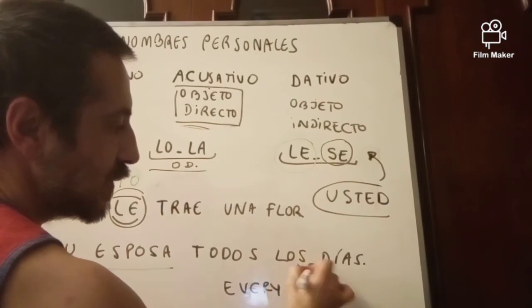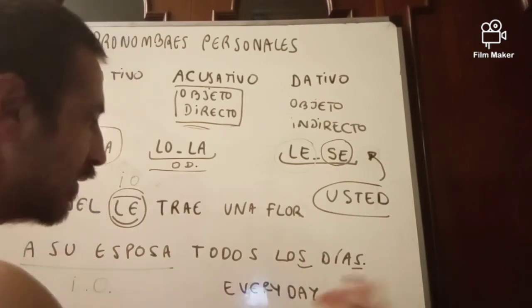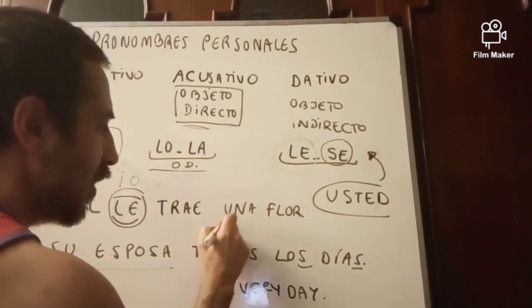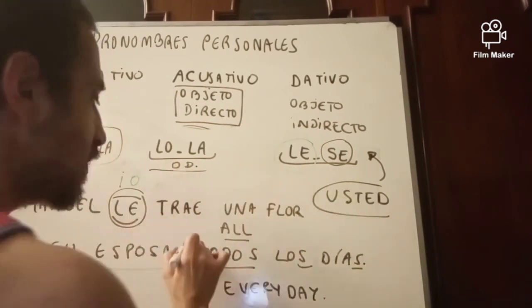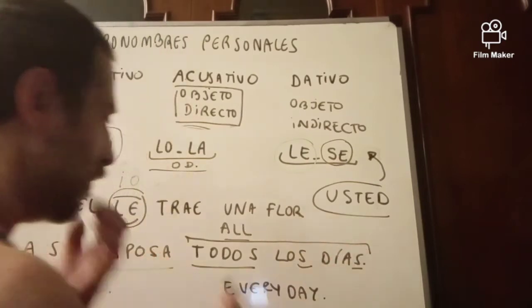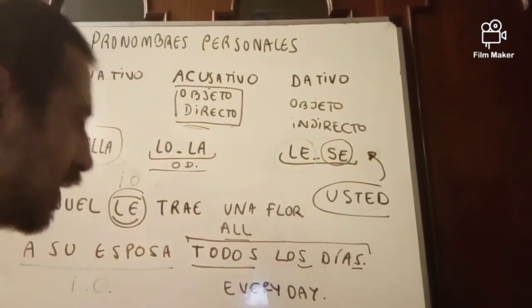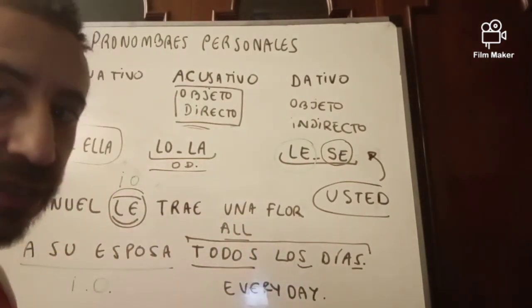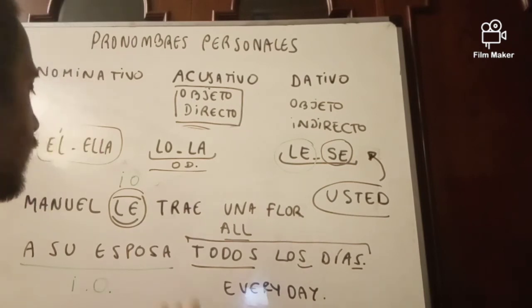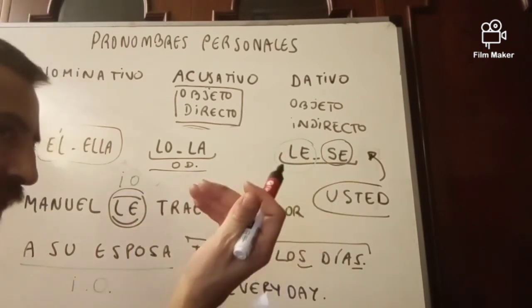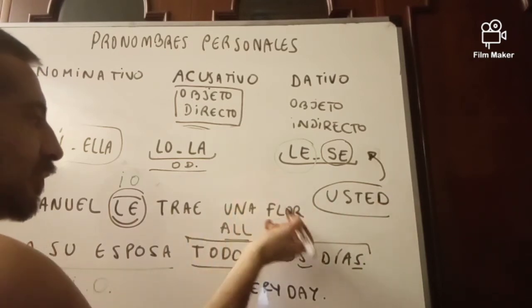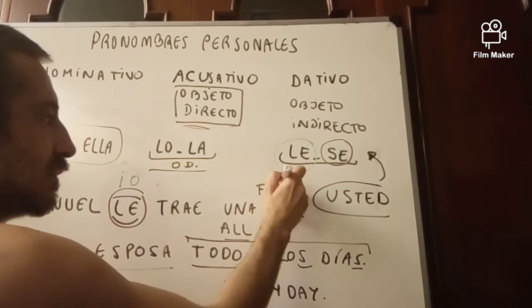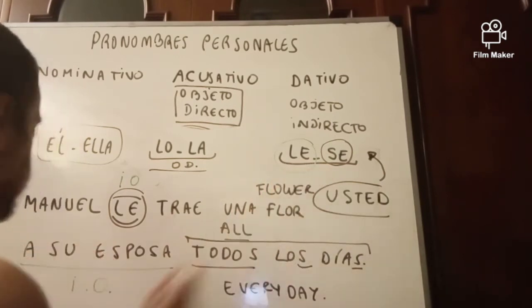In Spanish we use it in the plural, el día, los días, and this is the plural of all. But the meaning, the translation for this whole phrase would be every day, just every day, todos los días. Trae, we saw it in the other sentence, to bring a flower, una flor. Well, this is very similar in both languages.